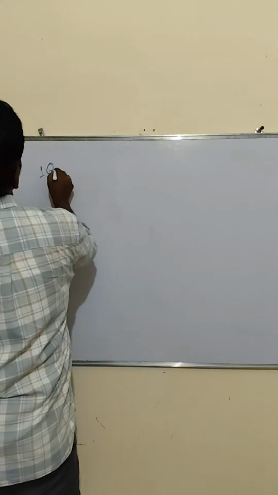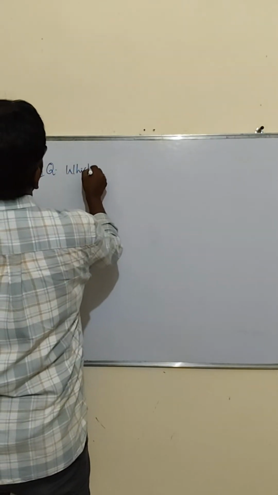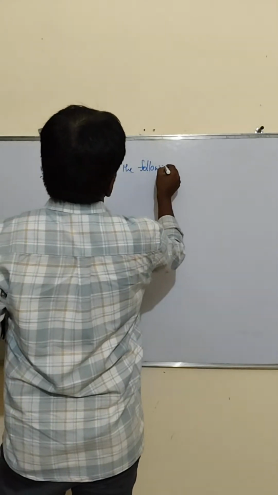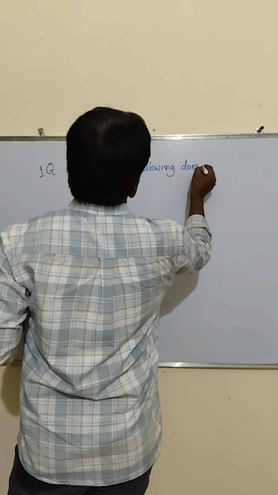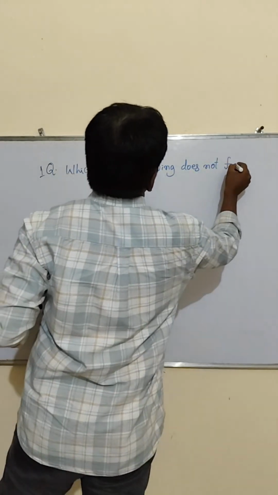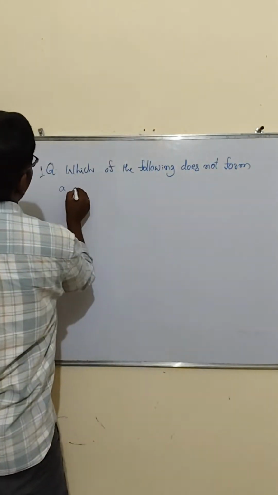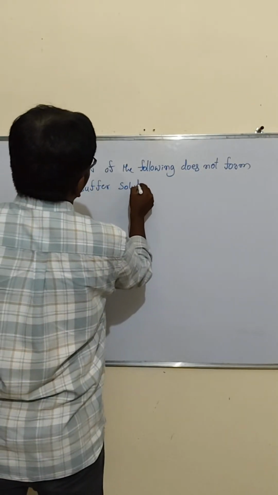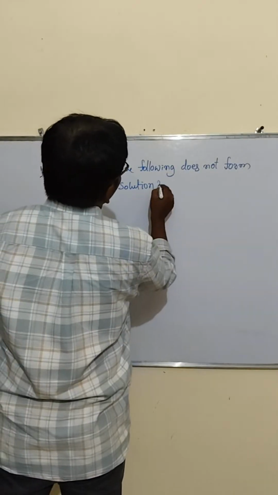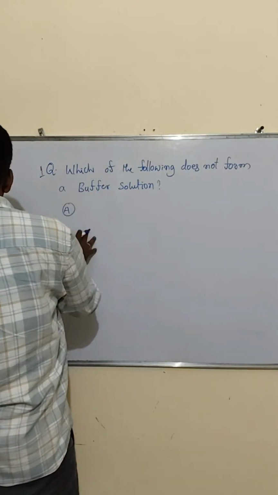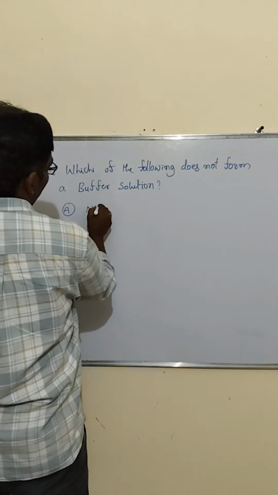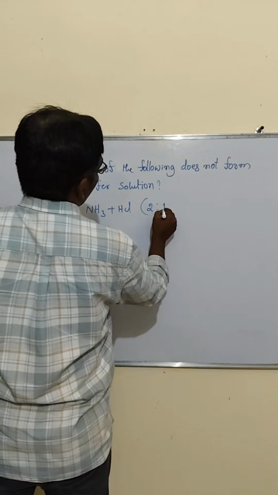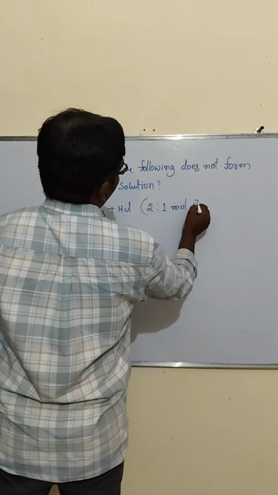Question number 1: which of the following does not form a buffer solution? Options are given. Option A: NH3 plus HCl in the ratio of 2:1 mole ratio.